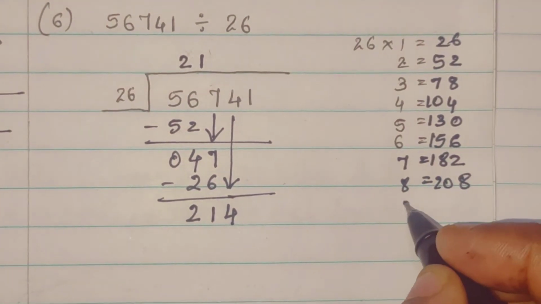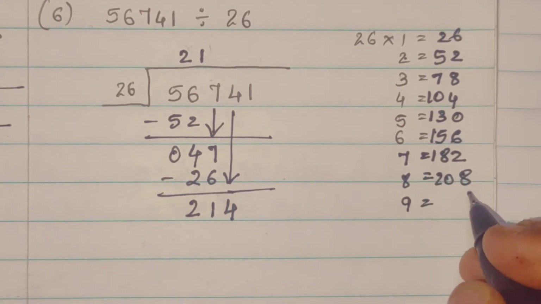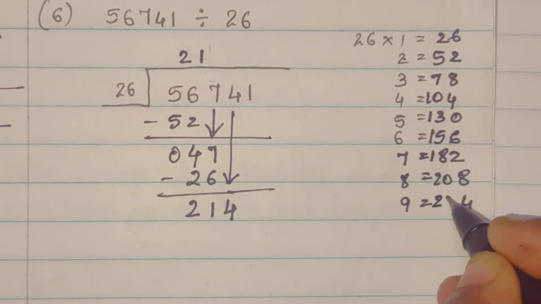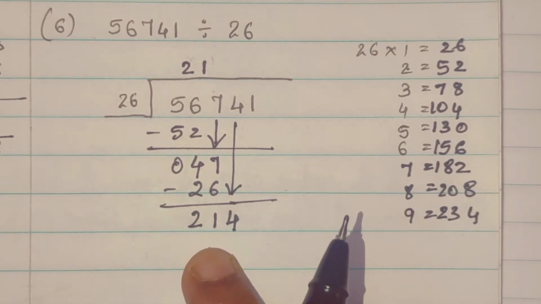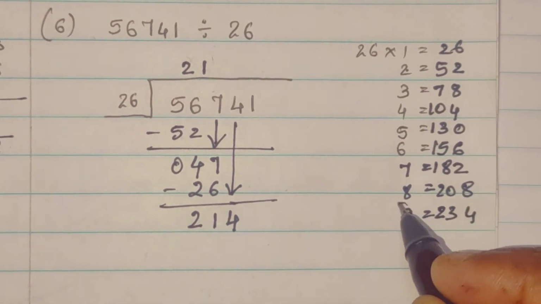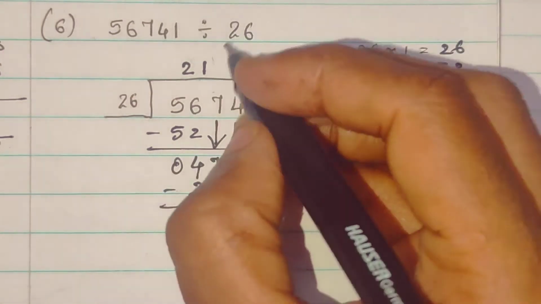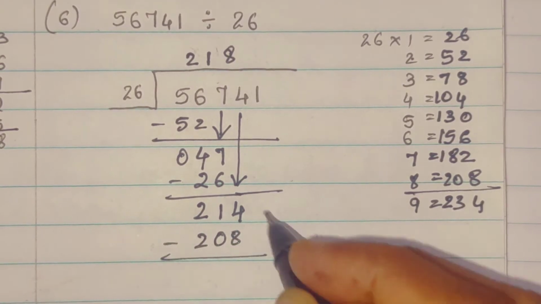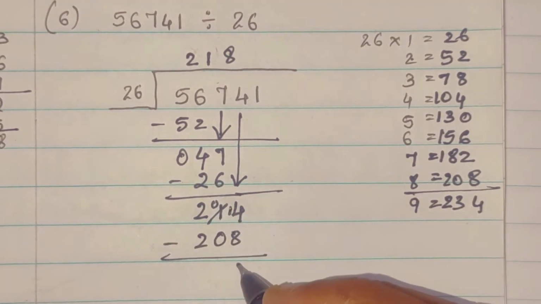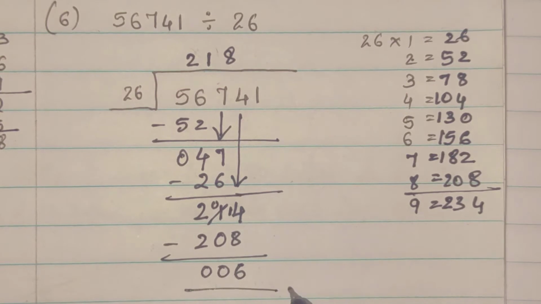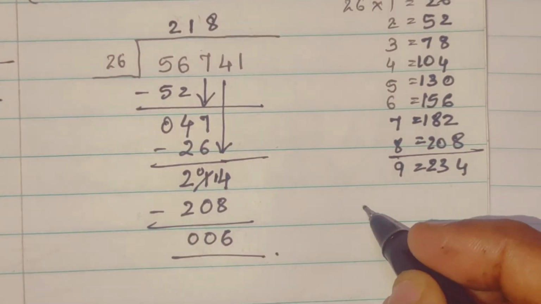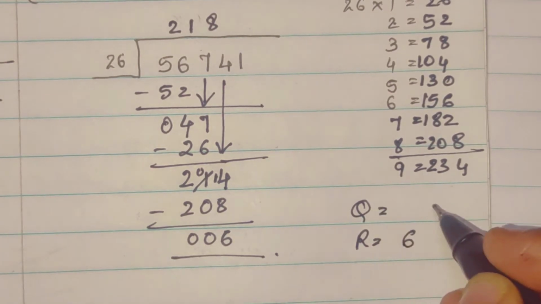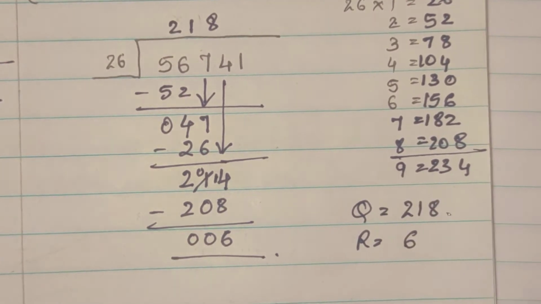So 9. 9 6s are 54, 5 carry, 9 2s are 18 plus 5, 23. We need 214. So this 208. So 26 8s are 208. So after subtraction, we are left with remainder 6, and quotient is 218.